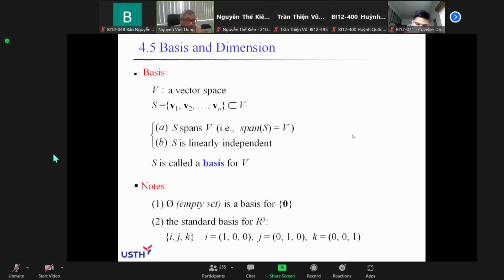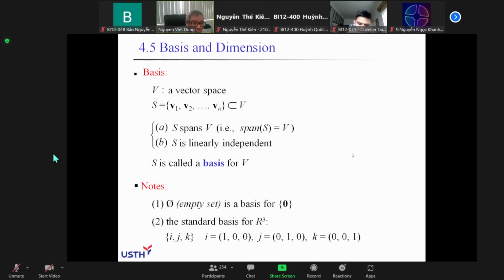Next, we consider the notion of basis and dimension. Suppose that we are given a vector space V, and in it we have a set S of n vectors V1 up to Vn.